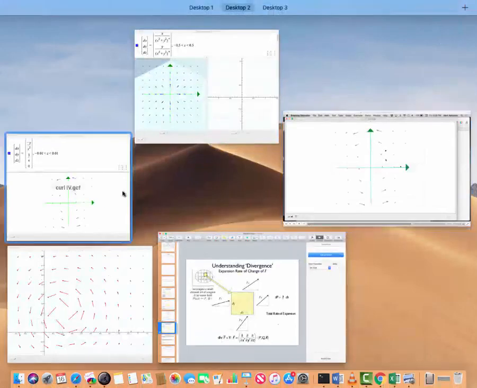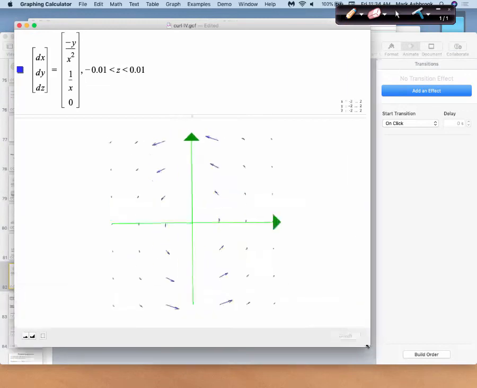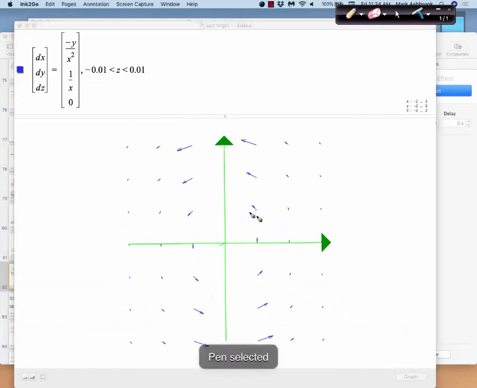Let's go back to that last example we looked at. This one that you found the curl, it was irrotational, right? We'll start this example next time, and I'll do this other thing.